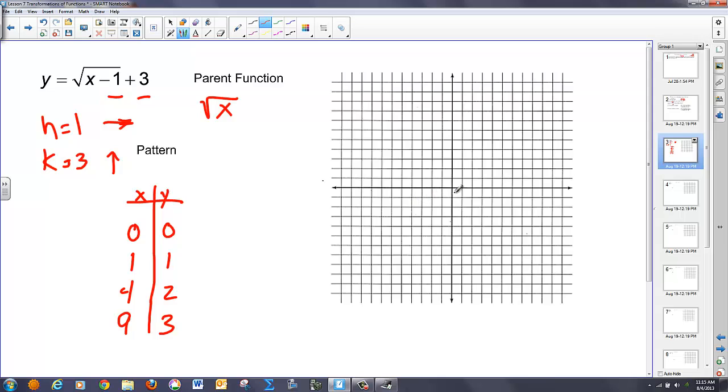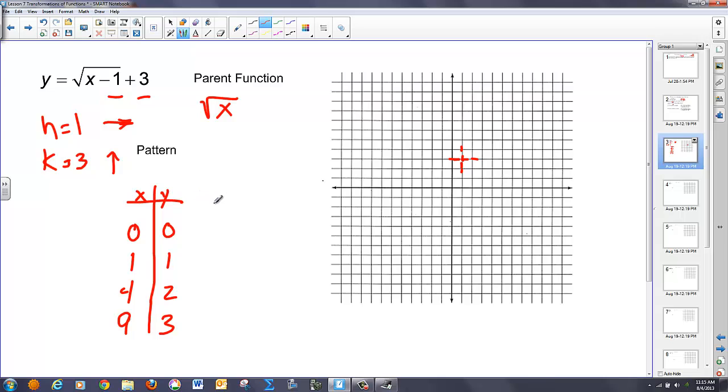I like to take and first of all translate my origin, which is 0, 0, over 1 and up 3. So what I really have is a new origin point translated to this coordinate here. So what I've done is I've drawn a reference for my translated origin.